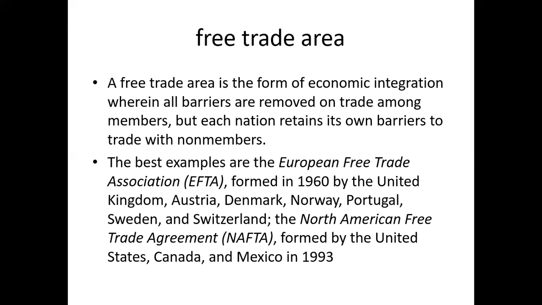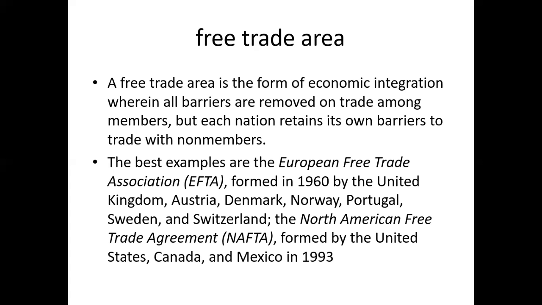So here there is no barrier. In preferential trade arrangement, there is a lowering of barriers. Barriers are still there, but they are lowered. But when it comes to a free trade area, barriers are removed. No tariff barrier, no non-tariff barriers.